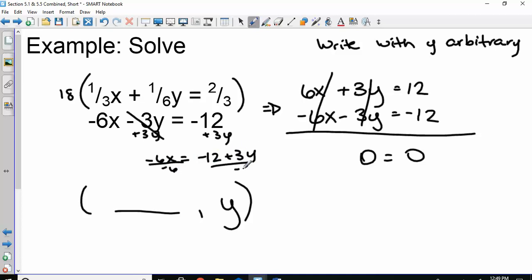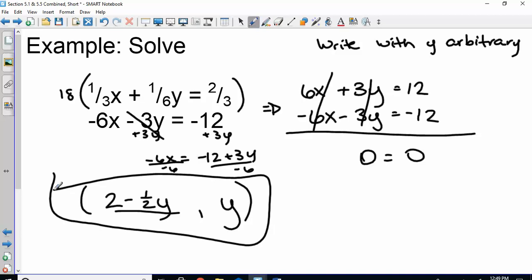If I divide everything by -6, -12 divided by -6 is 2. 3 divided by -6 is -1/2 y. So I can't just say infinite solutions. You have to somehow tell me what those solutions look like. If I had said write it with x arbitrary, what would that mean? You keep the x and you have to solve for y to figure out what to put there.